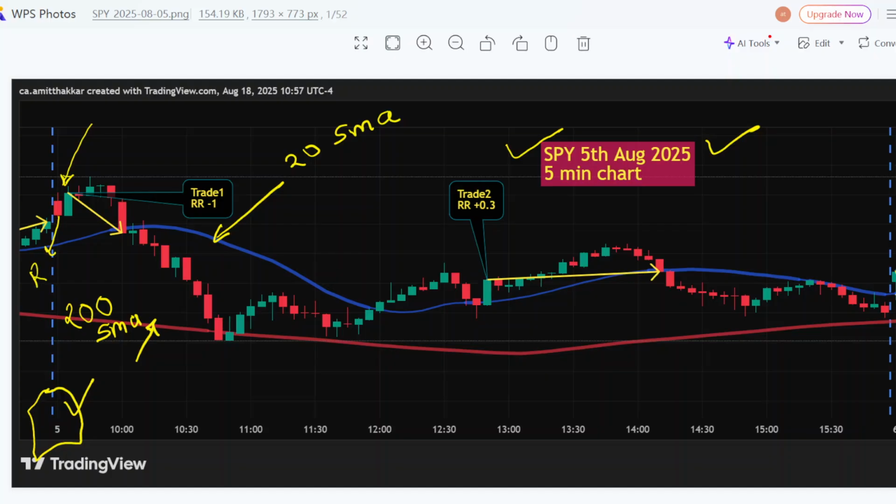Now, as per our strategy, since the market is above the 20 and 200-day simple moving average, we are bullish on the market, but the color of the candle is red, which is not matching with our analysis.